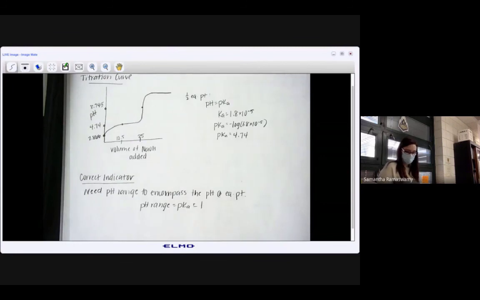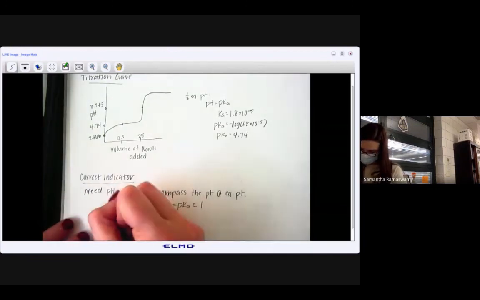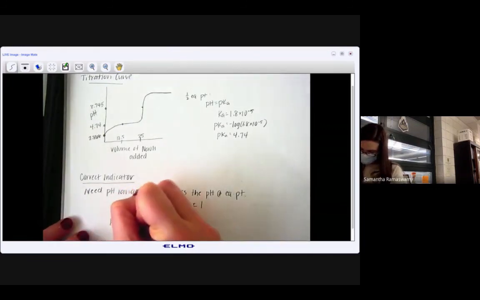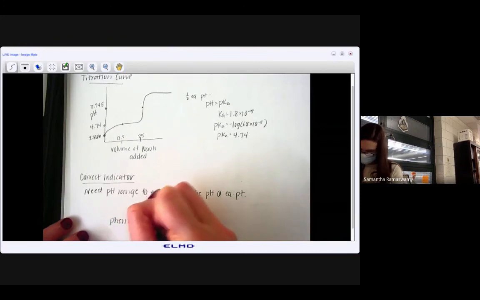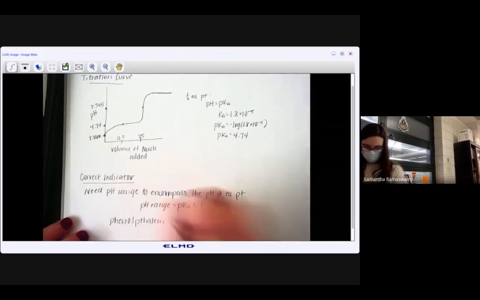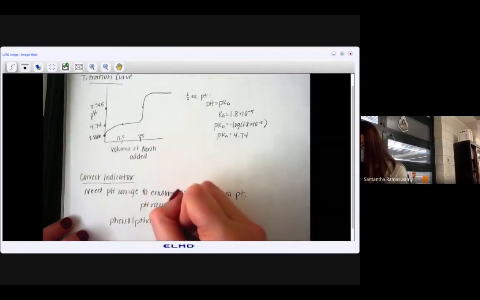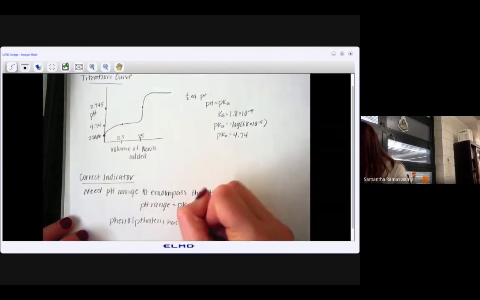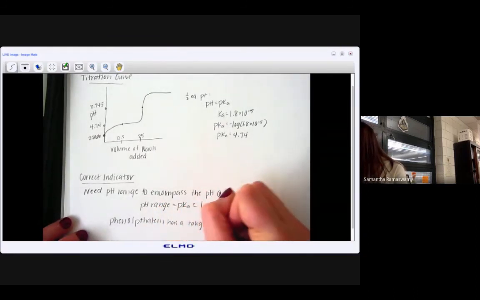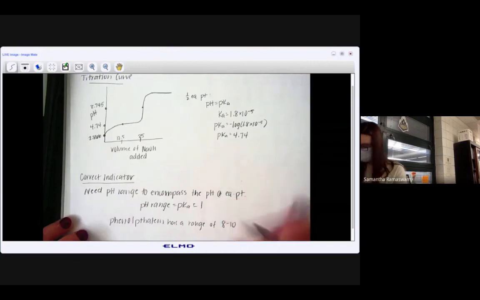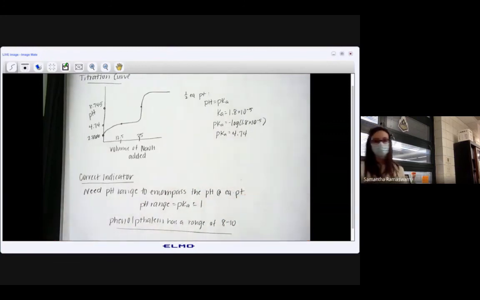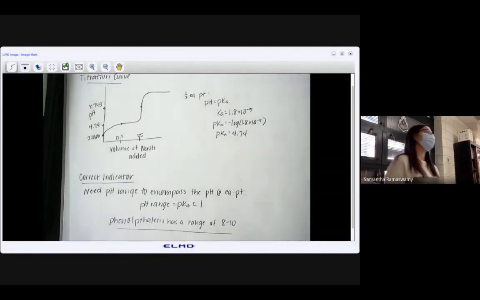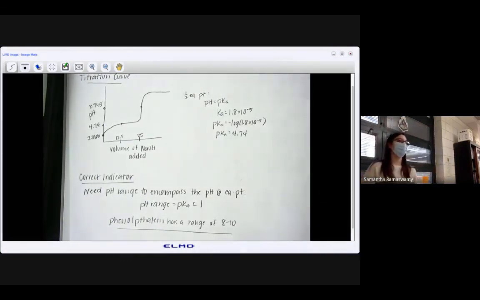So we would find the indicator that has a pKa closest to the pH. Just like before, phenolphthalein has a range of 8 to 10. You would be given a list like in the examples. But for us, phenolphthalein would be the best. You're actually going to use phenolphthalein in the titrations that you do on Thursday.